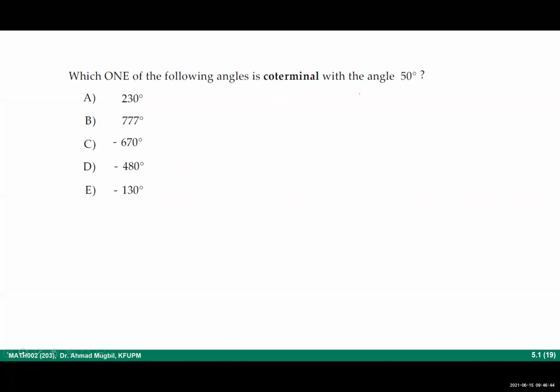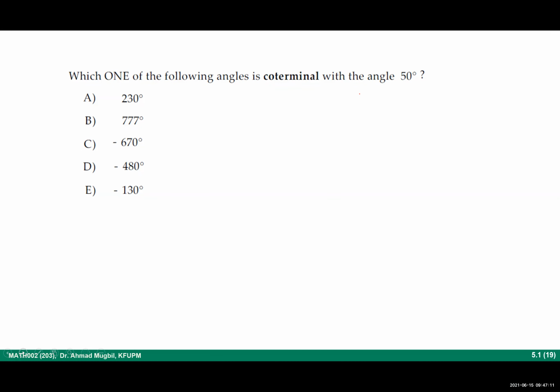The question is about which one of the following angles is coterminal with 50 degrees, which means that four of them are not coterminal. Only one of them is coterminal. How to know, ya shabab? In this kind of problems, you can solve it by 2 methods.